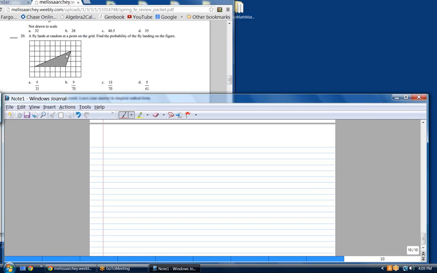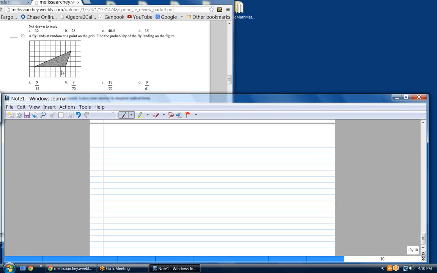We're going to take the area of the triangle and divide it by the area of the grid. The fly has an equal likelihood of landing on any of these squares. So the probability of him landing on this particular part of the grid would be the area of this triangle divided by the area of the grid.